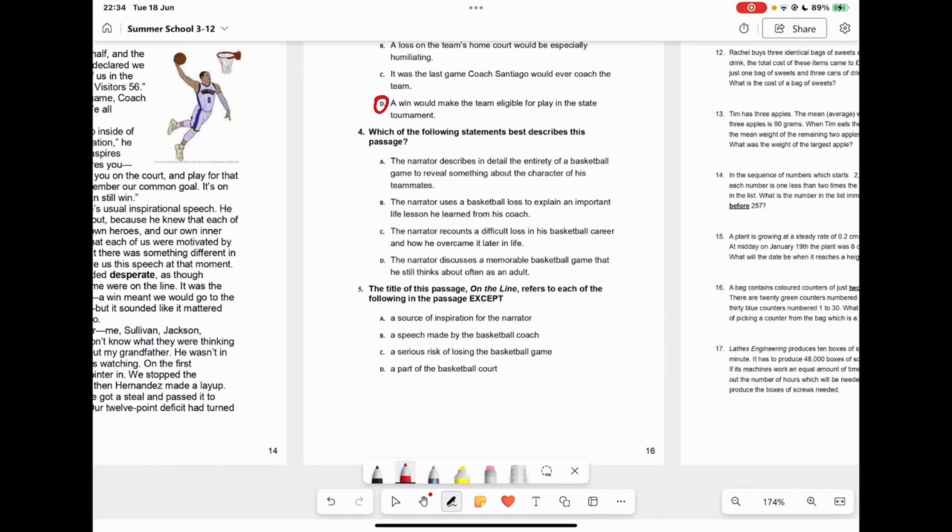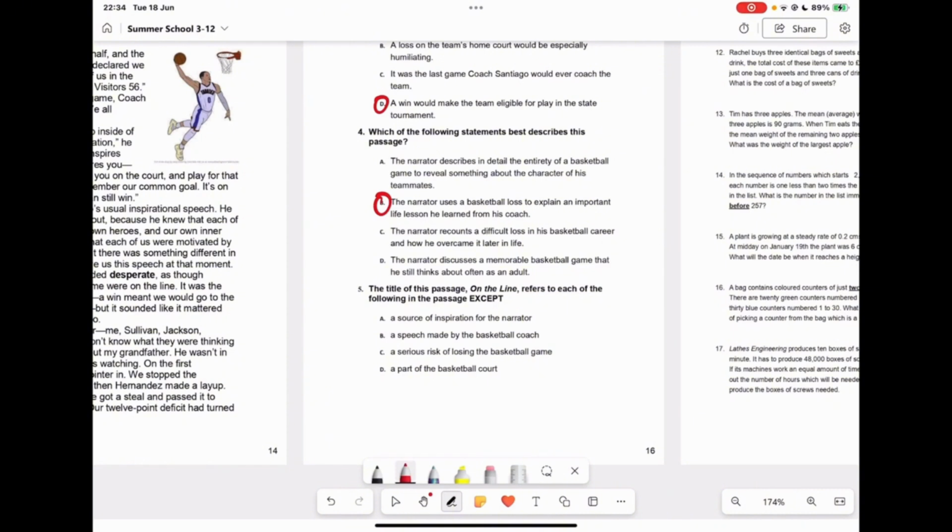So that would be the narrator uses a basketball loss to explain an important life lesson he learned from his coach. Yep, it would be that. And then question 5, On the Line is the title, and it refers to each of the following in the passage, except, so we're trying to find what is not true.